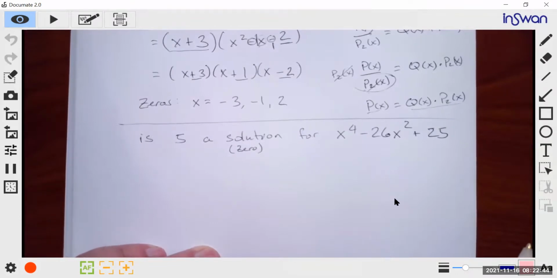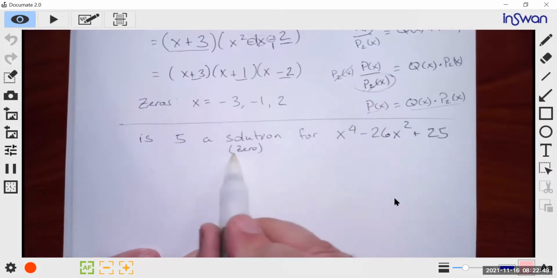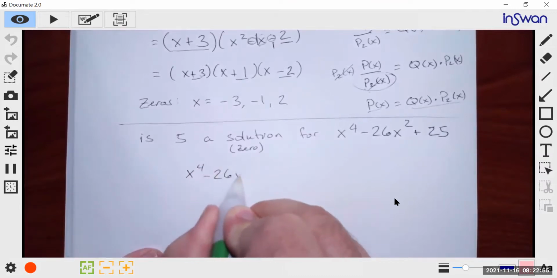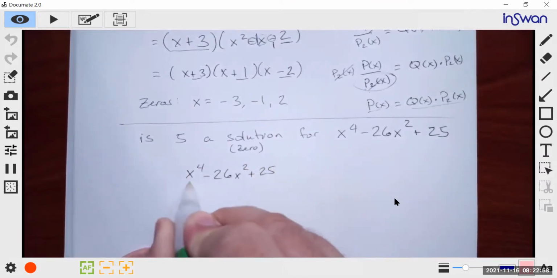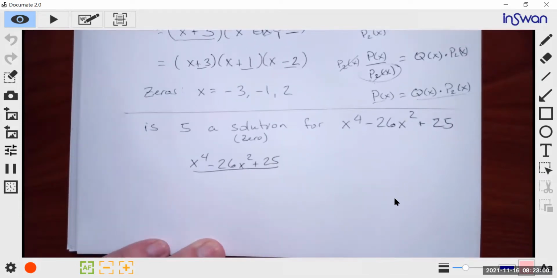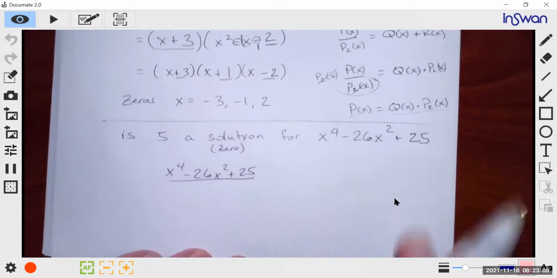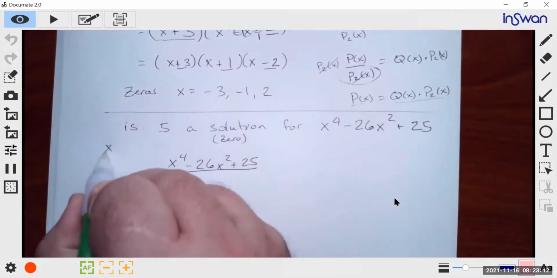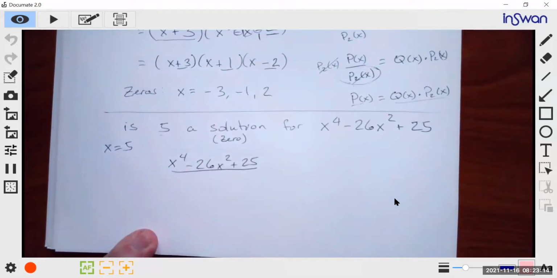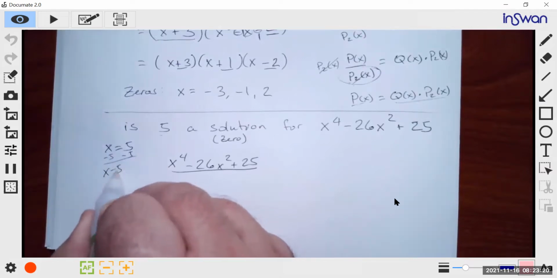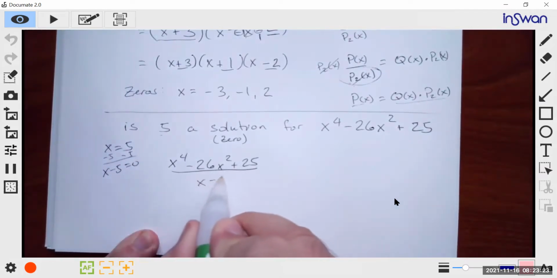Okay, now it all depends on how you set this one up. What's your denominator? Because the way you check if it's a solution or a 0, you've got to take your polynomial and divide it by what? We need an equation, remember? So we need an equation to get rid of the x's. Well, since we know x equals 5, that's a solution, that's a 0. If we subtract 5 from both sides, we get x minus 5.